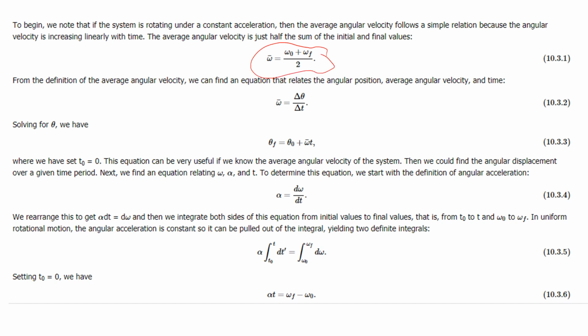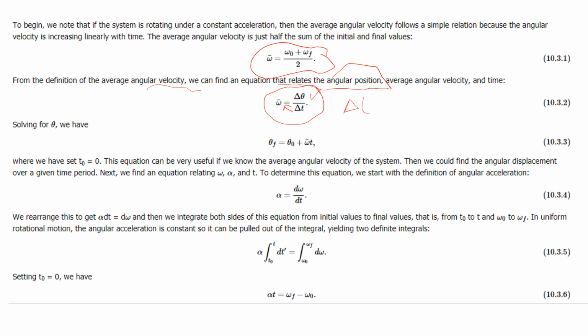From the definition of angular velocity, we find an equation that relates to angular position, which is omega equal to delta theta over delta t. Now take this on the other side, and it is simple and straight.